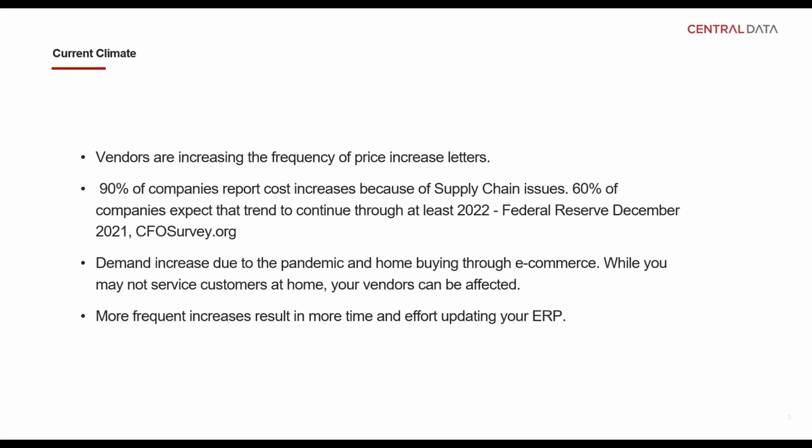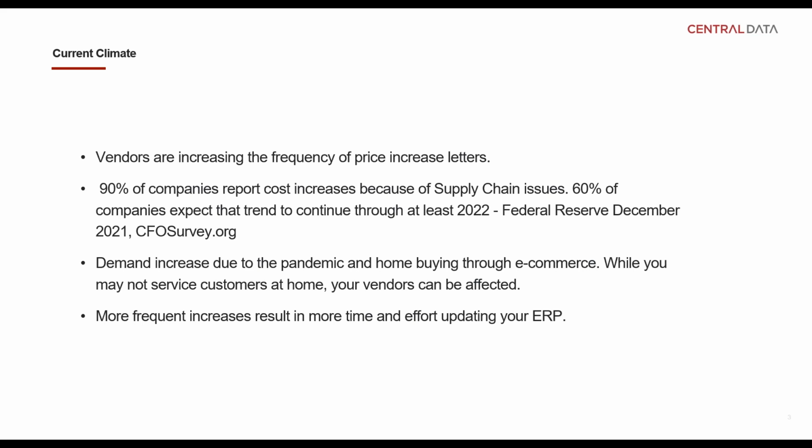So additionally, on top of some of the supply chain issues that we've had making supply scarce, demand has increased due to the pandemic and home buying through e-commerce. An immediate response to that would be, well, I don't sell to people in their home. This is a business-to-business type distribution.